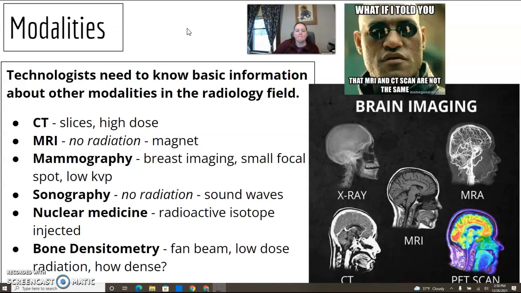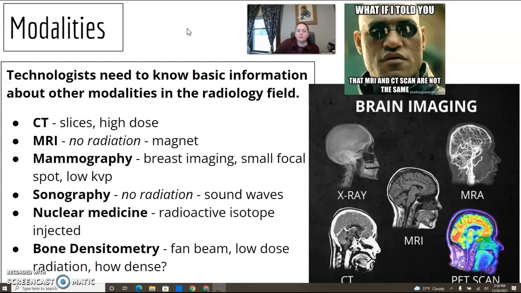Mammography is breast imaging. It uses a small focal spot and low kVp. Sonography, no radiation, and they use sound waves. Nuclear medicine, the radioactive isotope is injected instead of our X-ray beam. And bone densitometry is a fan beam, which is a very low dose radiation, and it checks the bones and determines how dense they are.